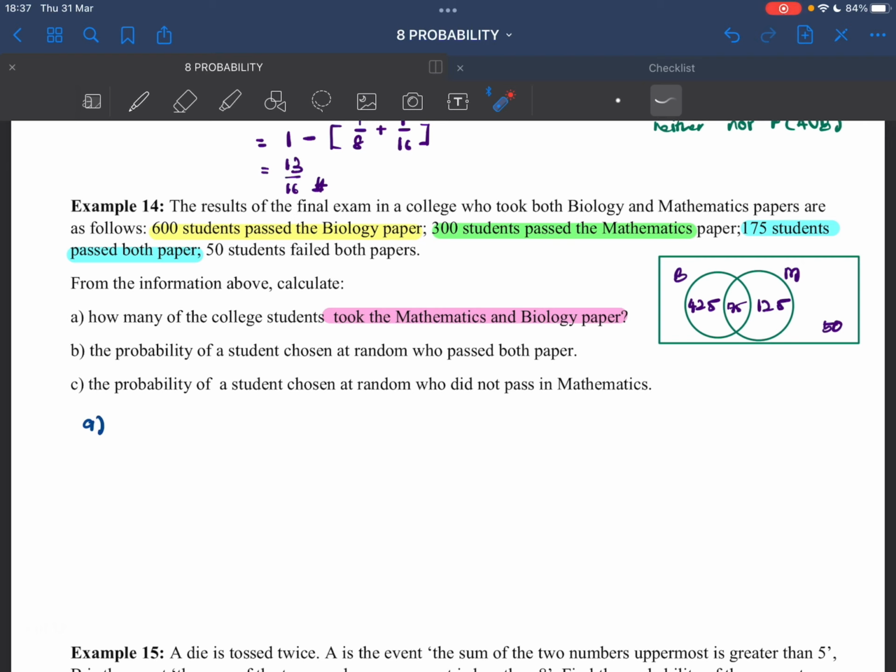One more time, the question says how many of the college students took the papers. Took. So everything is considered. What we are going to do is sum up all the students: 425, 175, 125, 50. The question doesn't say anything about probability, it just wants the number, so let's put that as the number of students.